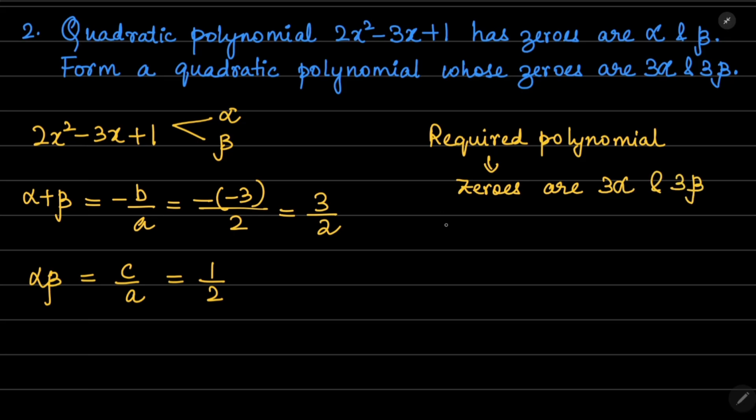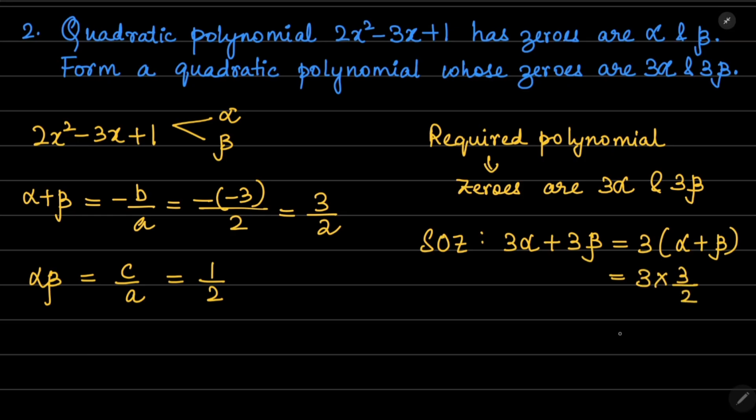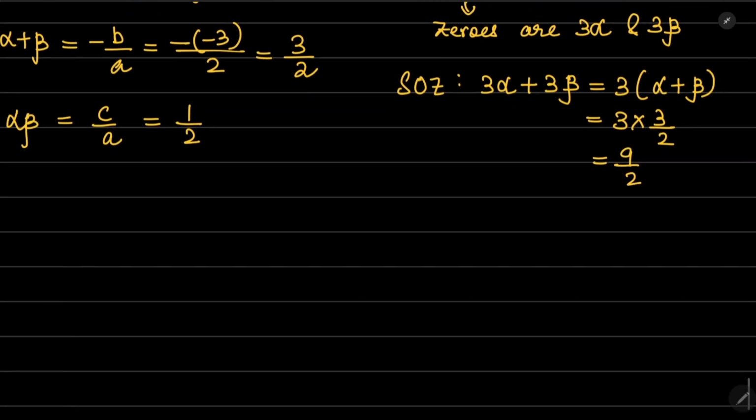So let us find the sum of the zeros, which is 3 alpha plus 3 beta, which is equal to, take 3 common out, alpha plus beta. What is alpha plus beta value from the given polynomial? It is 3 by 2. Okay, so here you're getting 9 by 2 as the sum of the zeros.